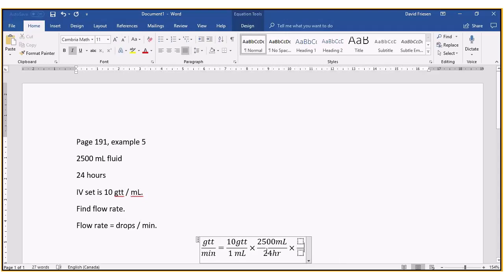And that one thing needs hours on top to cancel the hours on the bottom. And it needs minutes on the bottom to give minutes on the bottom on the left. So 1 hour is equal to 60 minutes.